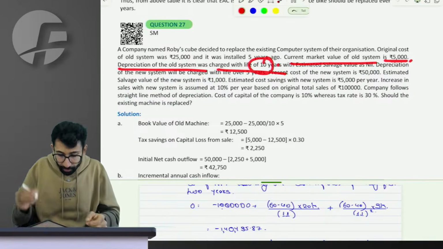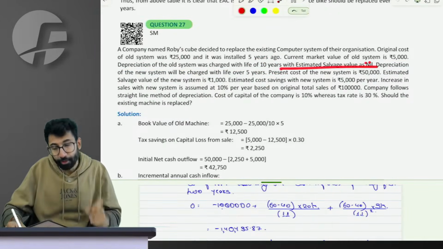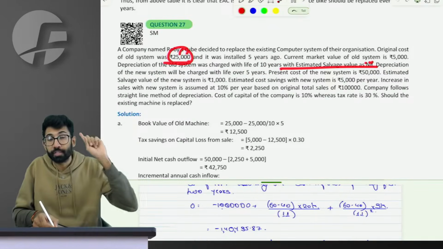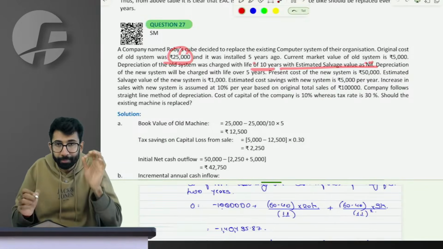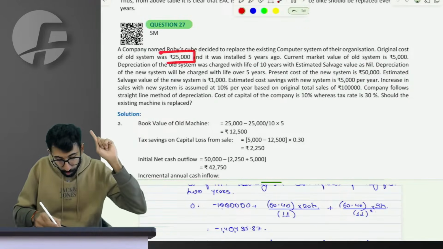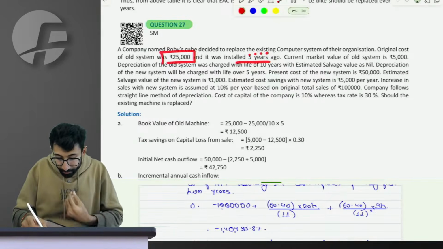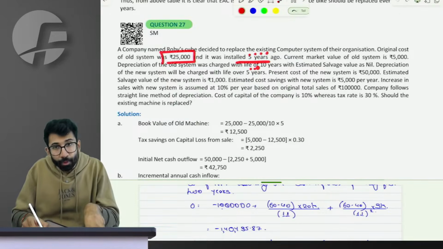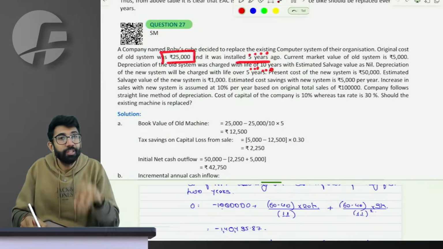Depreciation of the old system was charged with a life of 10 years, with an estimated salvage value of nil. I purchased a computer system 5 years ago at a price of 25,000. Fine. I am now planning to replace it. Since I charged depreciation with a 10-year mindset, how much will be the book value?